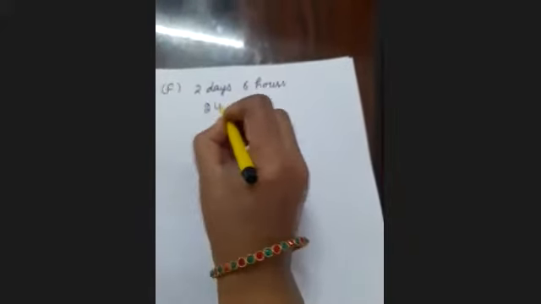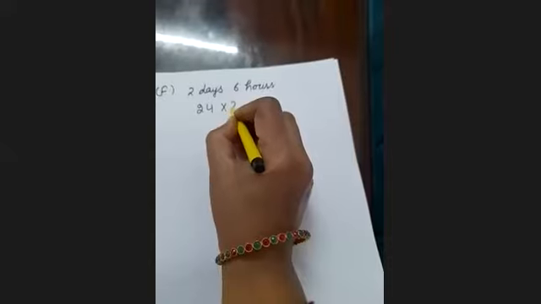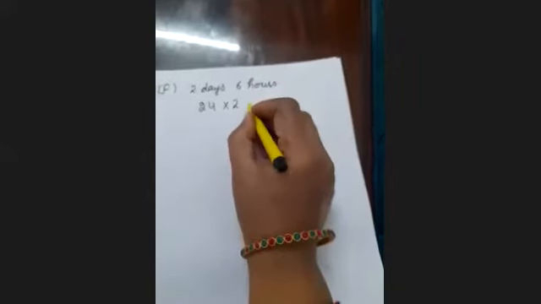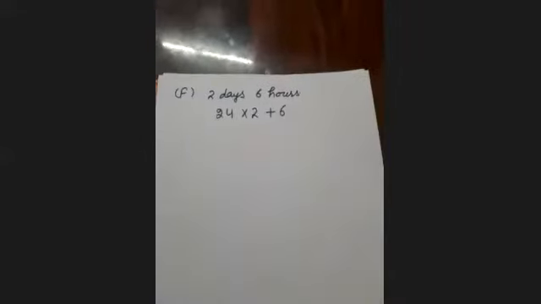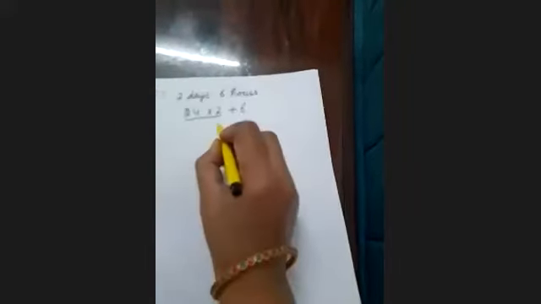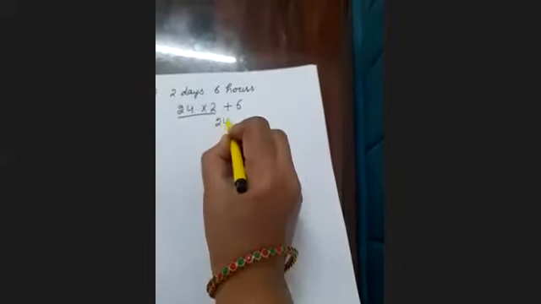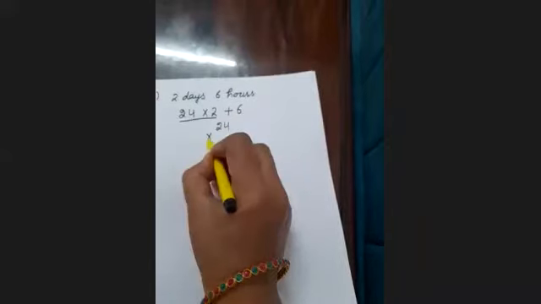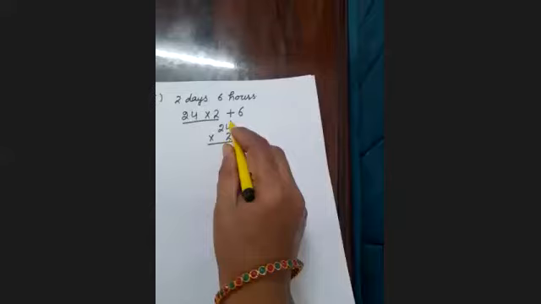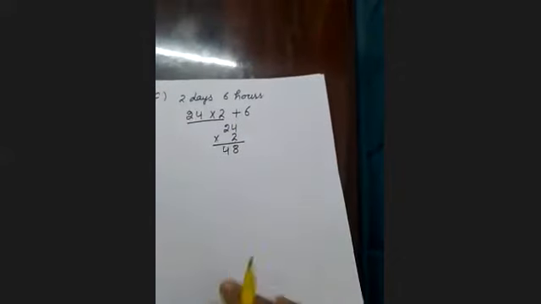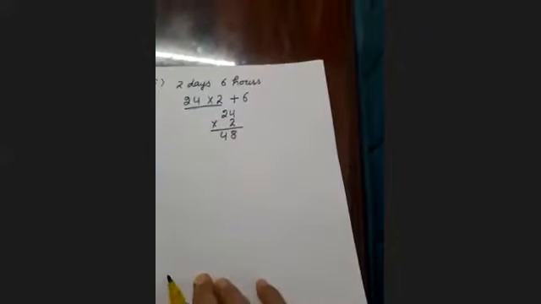24 multiplied by 2 plus 6. First, 24 multiplied by 2. 2 4s are 8. We get 48.